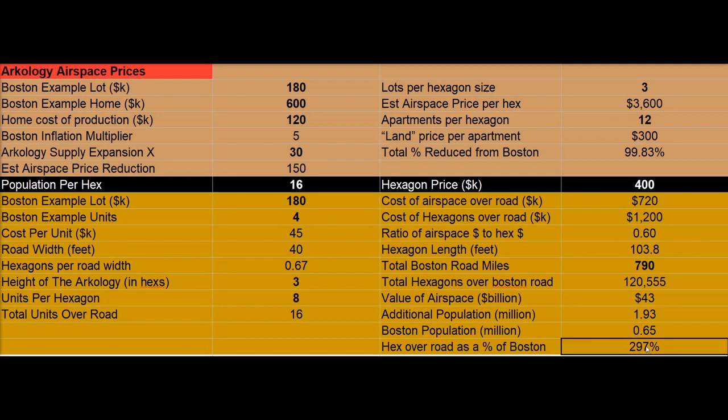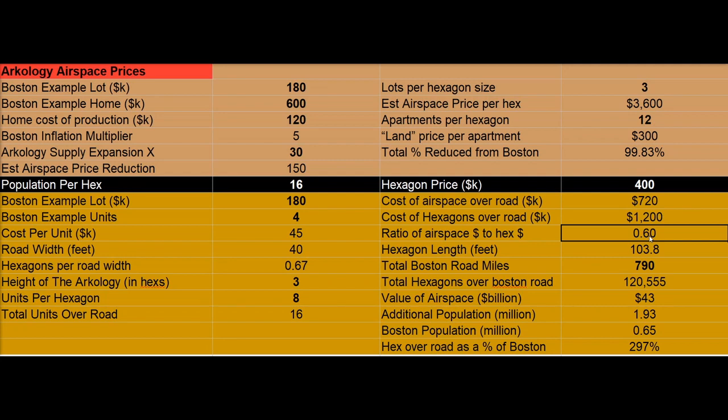We're still at 300%, an additional 2 million people in Boston. So this is it down to 0.6. So the airspace is still 60% of the construction cost of the entire arcology in airspace savings. This is money you're saving by utilizing 100% of the airspace over the roads.